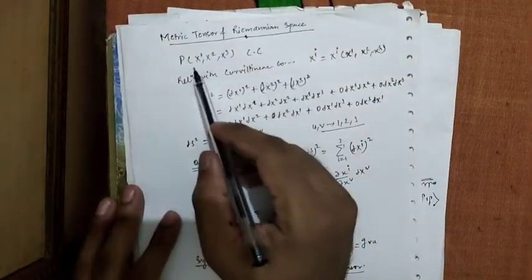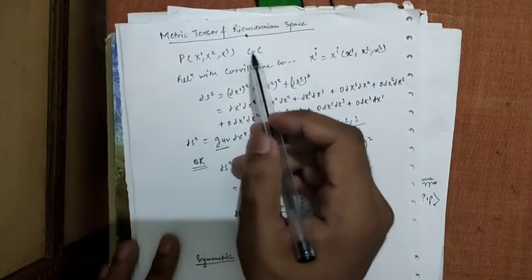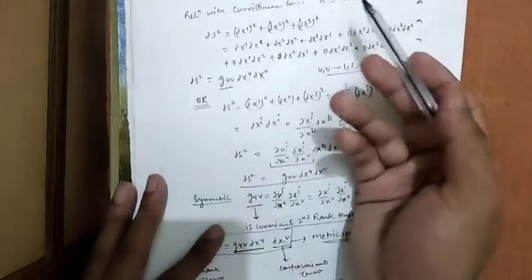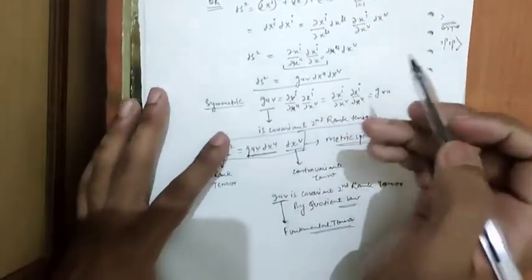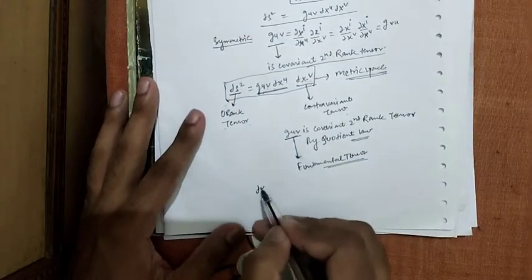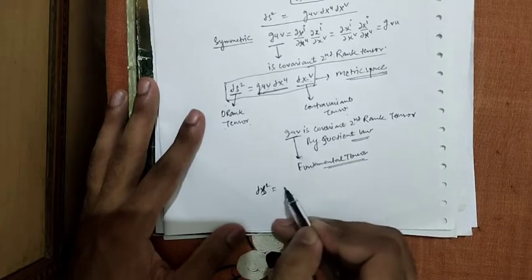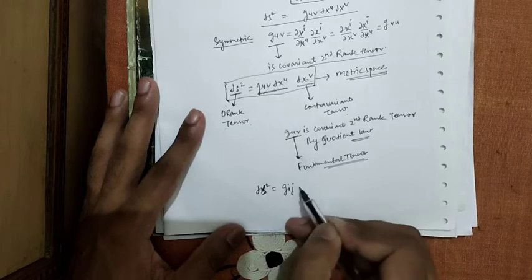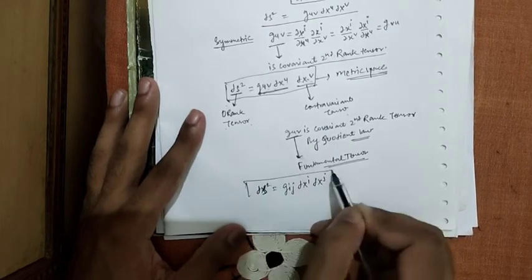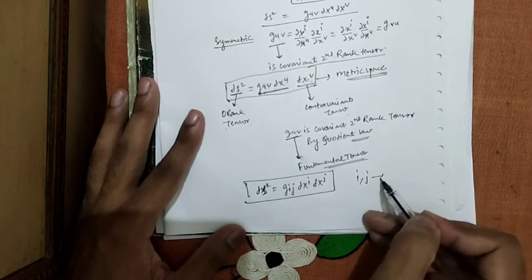We defined this for the three-dimensional coordinate system, while Riemann defined this for the n-dimensional coordinate system. So according to Riemann, ds square is equal to g_ij dxi dxj, where i and j now run from 1 to n for n-dimensional space.